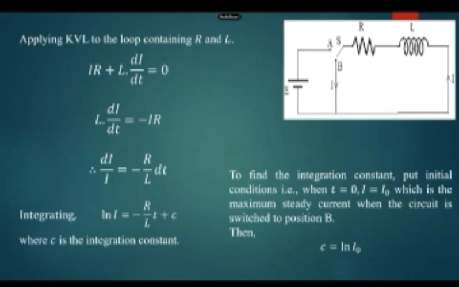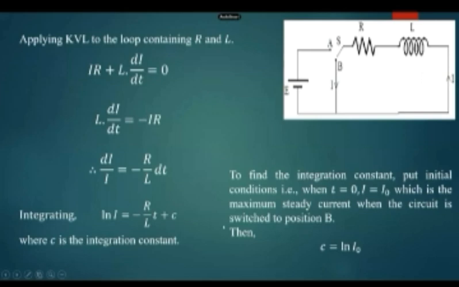When the circuit is switched to position B, you put t equal to 0 and I equal to I naught. At t equal to 0, I equals I naught. Therefore, C will be equal to ln of I naught, because this term becomes 0. So, that is the integration constant C.